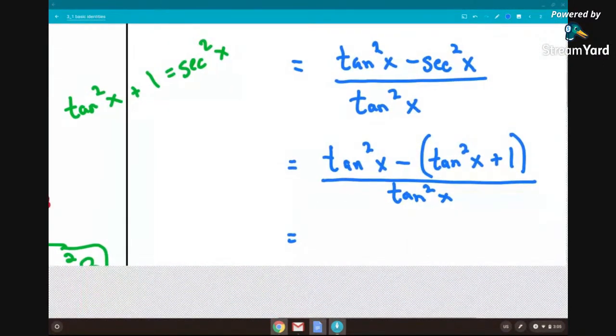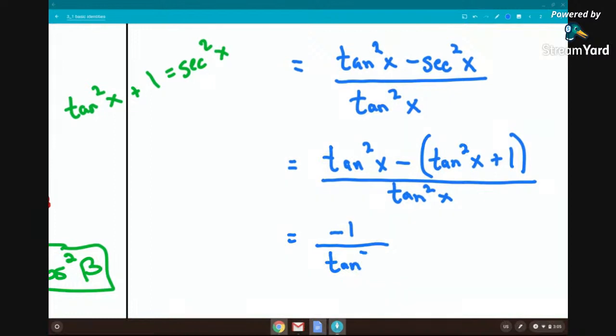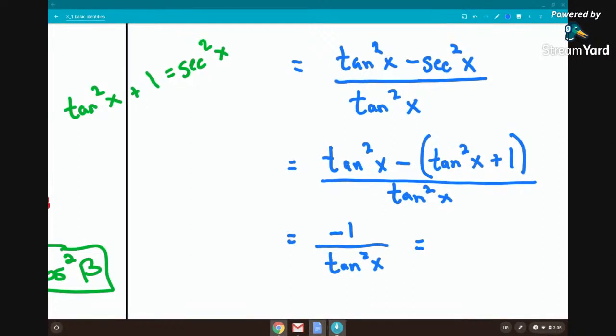And through some algebra, the numerator would become -1. The denominator stays tangent squared x. And using a reciprocal identity, 1 over tangent squared is called the cotangent squared. And the negative sign carries along there.